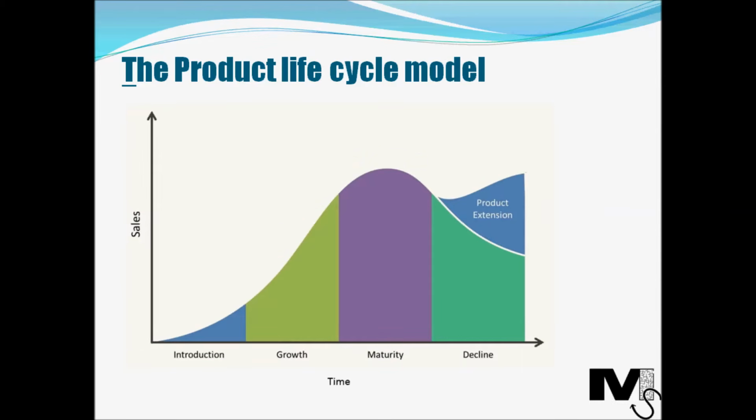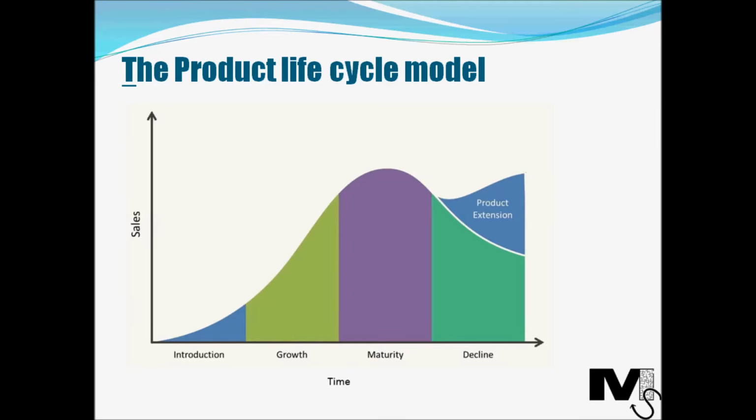Now, as you can see here in this chart, it's essentially a plot of the sales of a product or a brand or a portfolio of products and brands against time. So this is like a typical representation of a product lifecycle model.